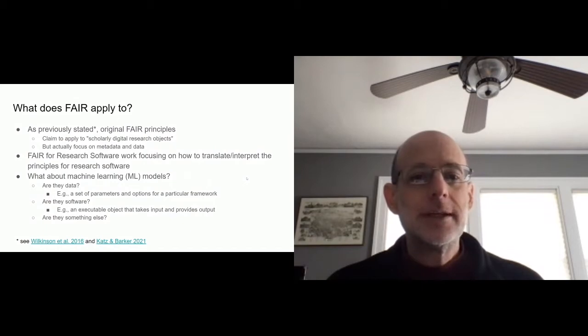The original FAIR principles, which sometimes I call the FAIR data principles, claim to apply to scholarly digital research objects, but they actually focus very strongly on metadata and data. And so we have the FAIR for Research Software group, which Fotis has just talked about, that's been looking at how do we translate and interpret these principles for research software. And the question is, do we need to do something similar for machine learning models?